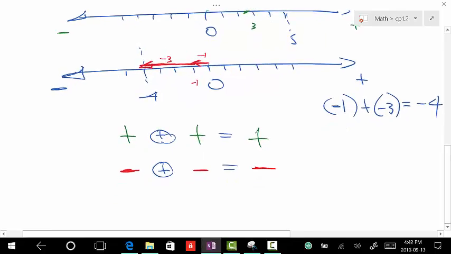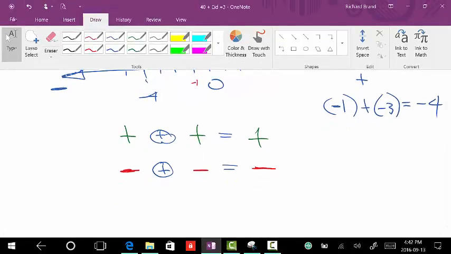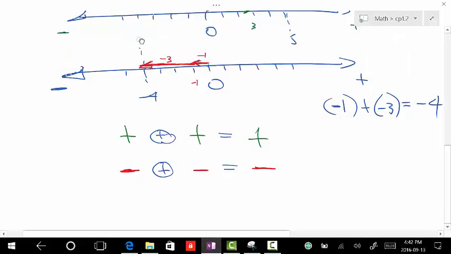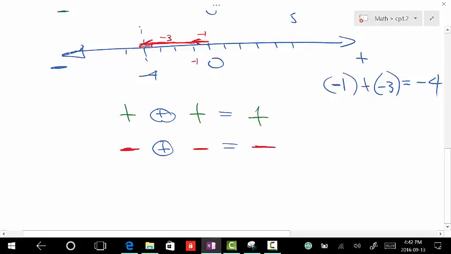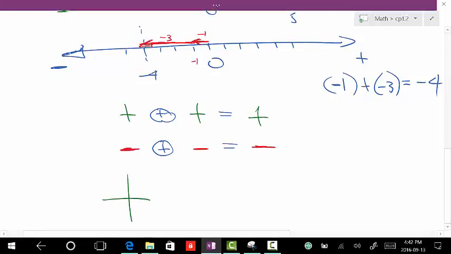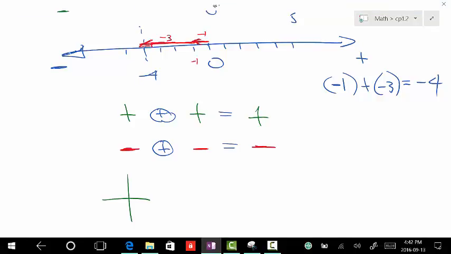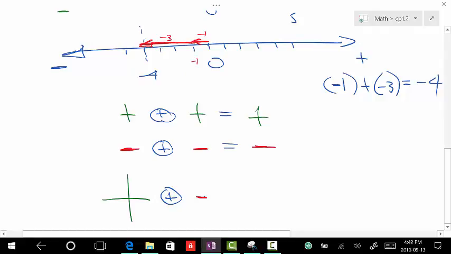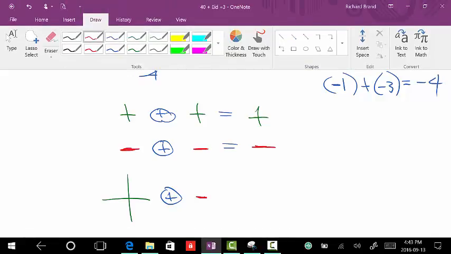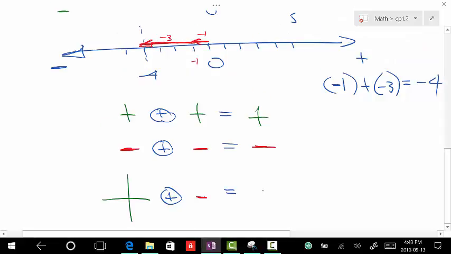Now, if you have a positive number and a negative number, what you get depends on the sizes of the positive and the negative numbers. If the positive number is really big compared to the size of the negative number, and I'm going to add them, then your result is going to be a positive number.